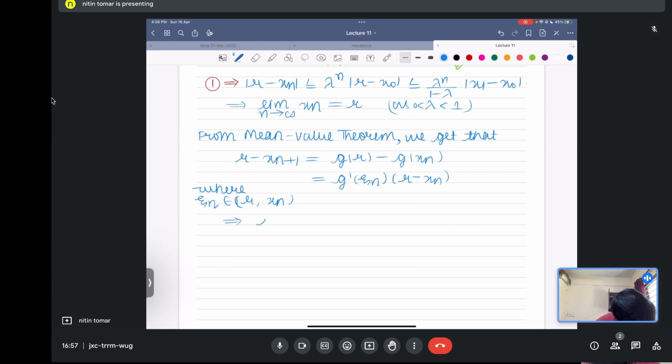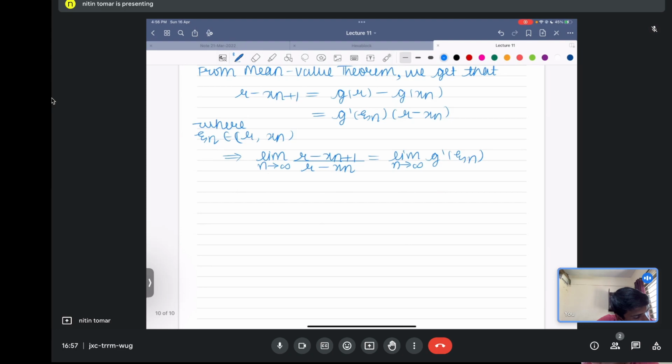So this will imply the limit of (r − x_{n+1}) by (r − xn) is the limit of g'(ξn).